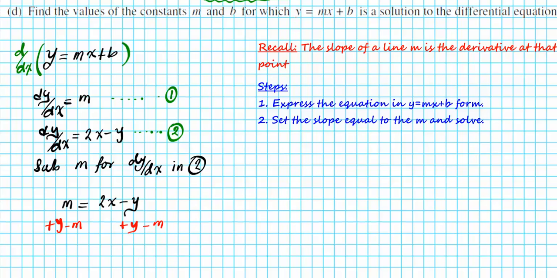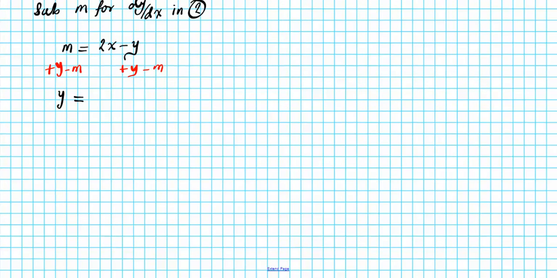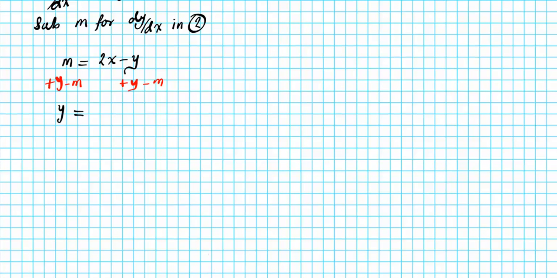If we do that, that yields y, these m's cancel out, equals 2x minus m. Let me color code this so it's easy to see what I'm trying to do. All right, so this is the slope-intercept form of the equation of the solution.